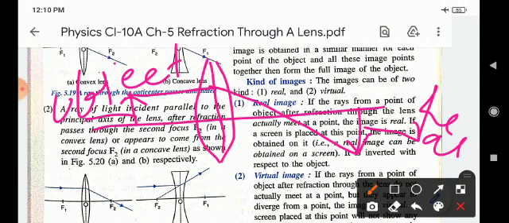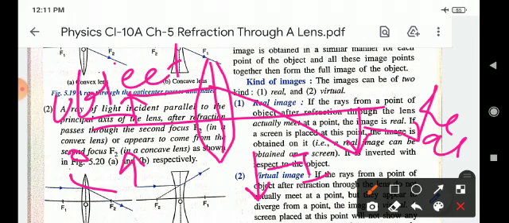If the rays from a point of the object after refraction through the lens actually meet at a point, the image is real. If a screen is placed at that point, the image is obtained on it. It is inverted with respect to the object. Inverted means opposite direction. This is the object, this is the image.